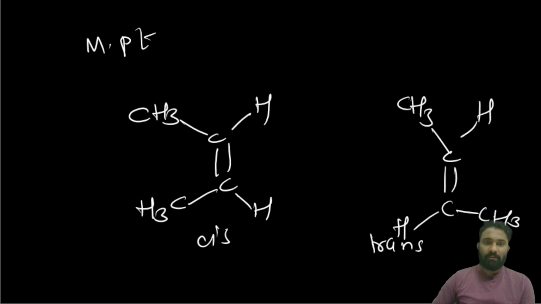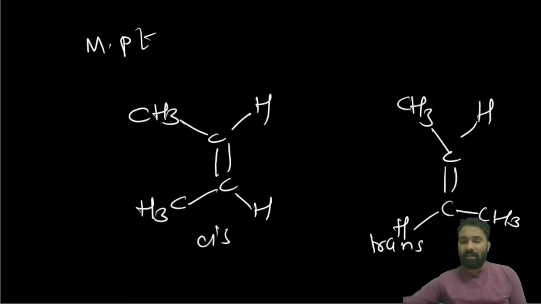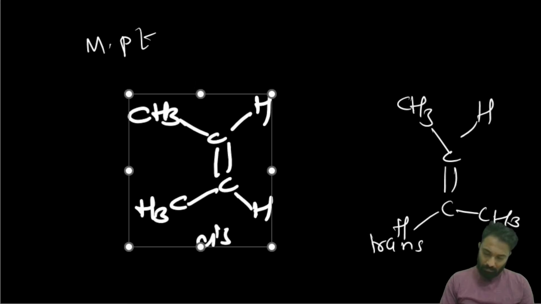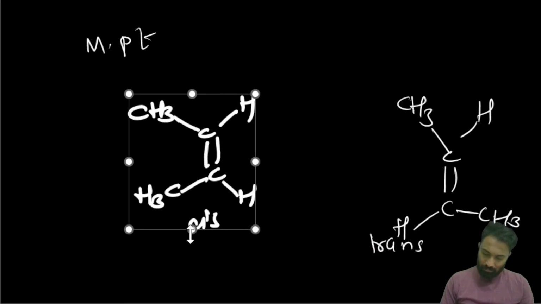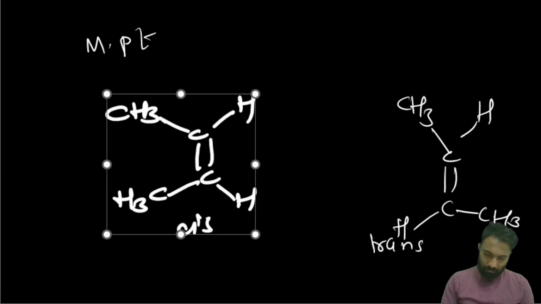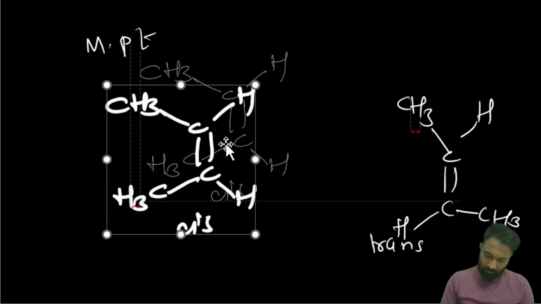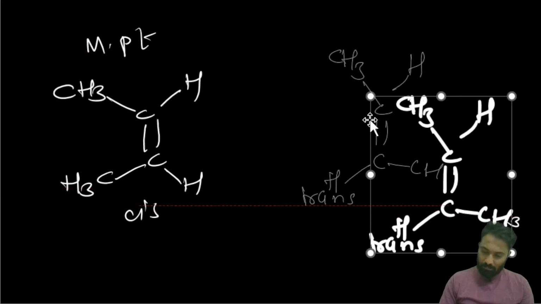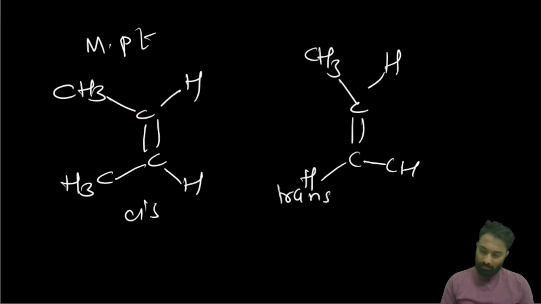Trans is symmetry. So for which is the melting point higher? Trans is having the higher melting point due to the symmetry. Because which one? Trans is a symmetry. Why do we say symmetry? Now you can see in the trans we are having the two bulky groups, right?